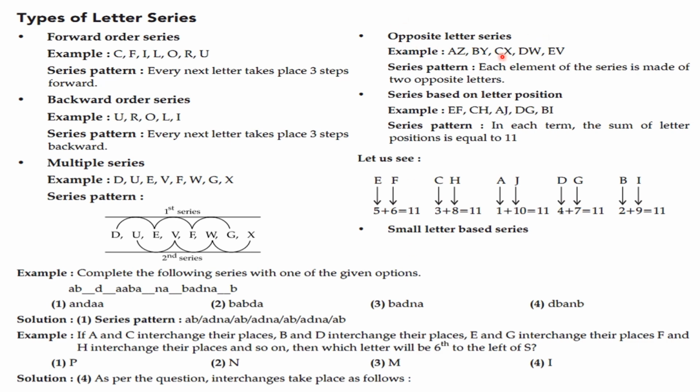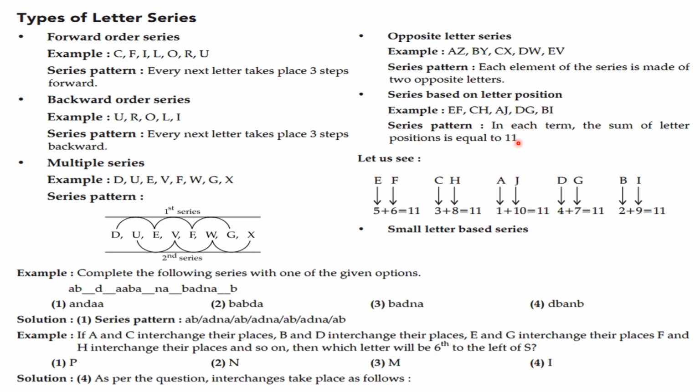Opposite letter series, example AZBYCXDWEV. Series pattern: each element of the series is made up of two opposite letters. Series based on letter position, example EF, CH, AJ, DG, BI.